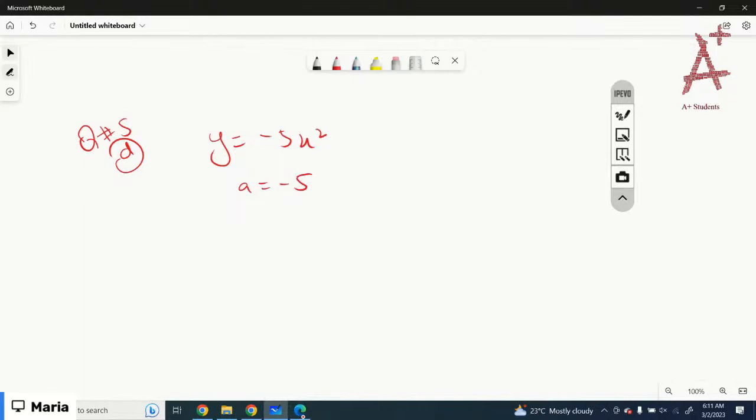That means the graph is reflected in the x-axis and stretched vertically.